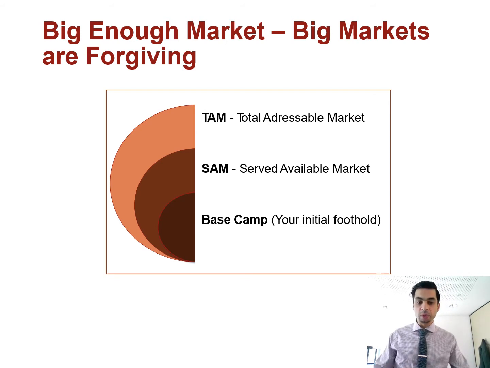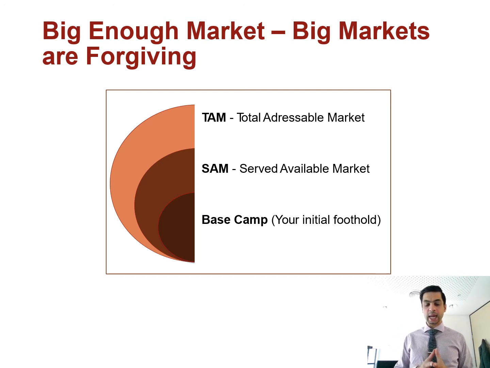As a rule of thumb, how we identify our base camp is we say, okay, we have the total addressable market. What is 1% of that? That 1% is going to be your served available market. And then your base camp, your initial foothold, will be 1% of your served available market. So that's how we are going to identify our initial foothold.